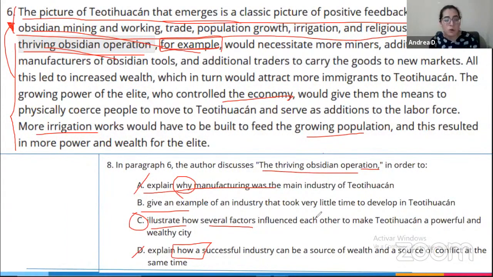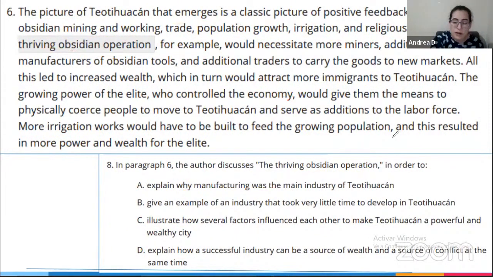Is it providing reasons? Is it, I don't know. Be aware of that relationship. And what else? Find good synonyms, like several factors influencing each other. That's a good synonym, or that's another way to say the same thing. All right. Is that okay? Any questions for that?